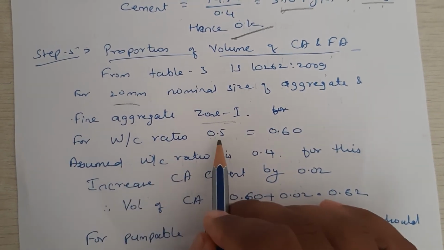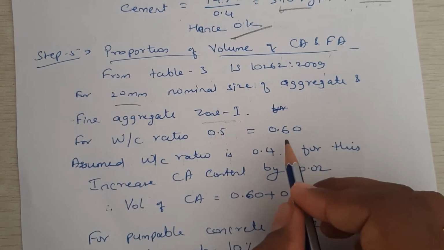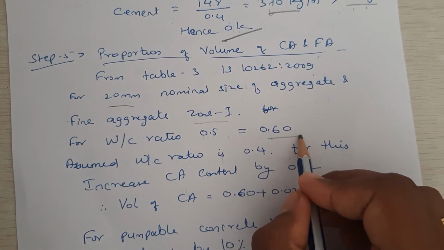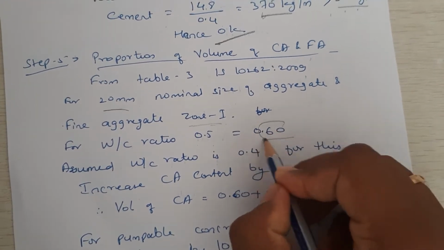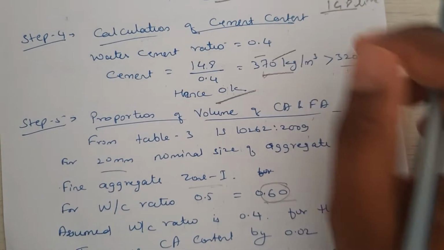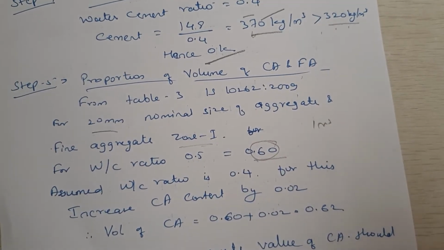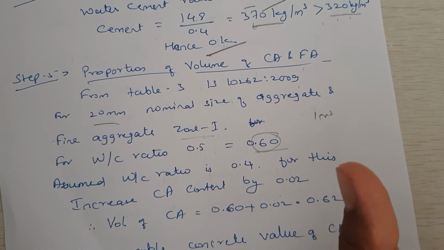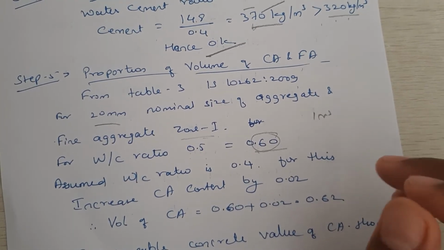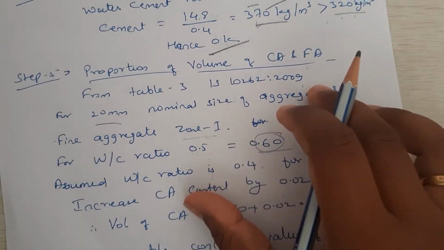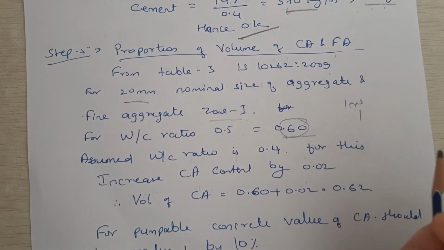For water cement ratio of 0.5, we have got from this table the coarse aggregate volume as 0.6, right? So what does 0.6 mean? For 1 meter cube of concrete, whatever volume of aggregates is required, including the fine and the coarse aggregate, will be considered as volume 1.